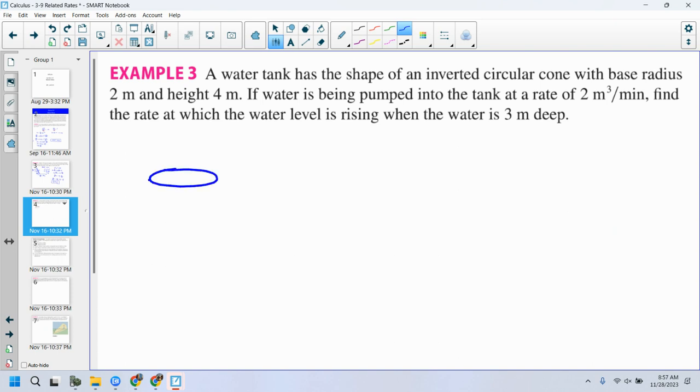So here, that's open. So the water tank has the shape of an inverted circular cone with a base radius of 2 meters and a height of 4 meters.